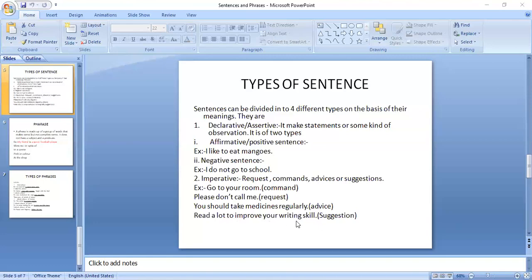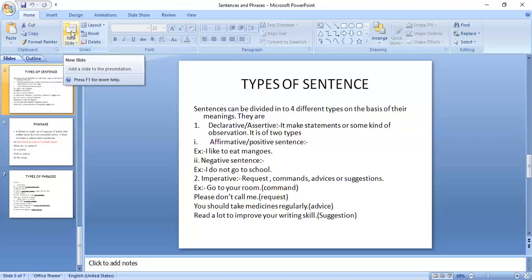But if they do not follow the suggestion, that is also possible. A suggestion may or may not be followed by everyone.